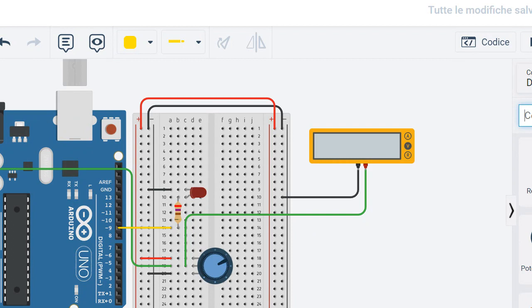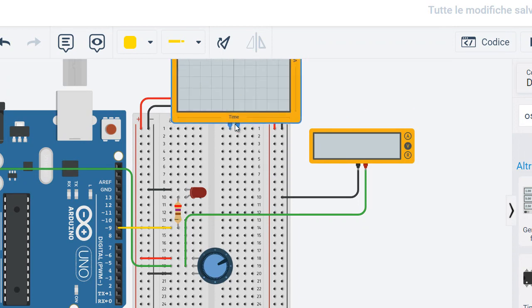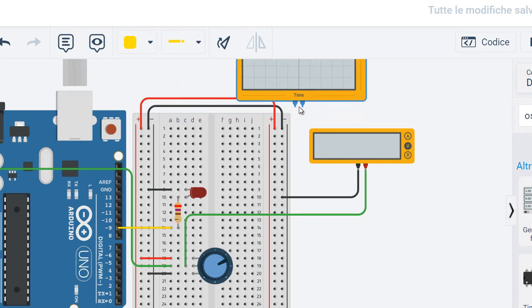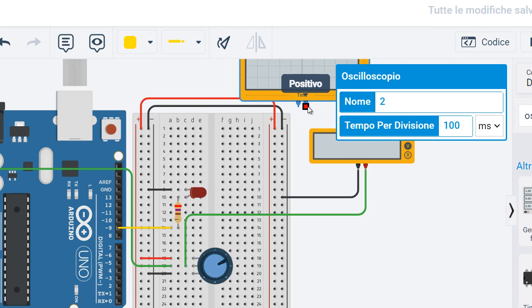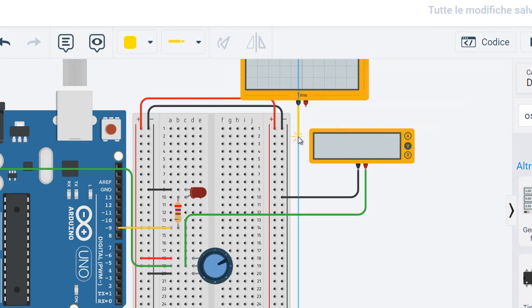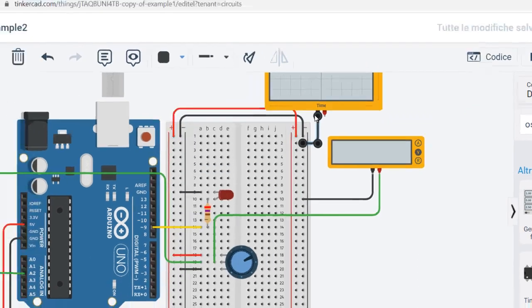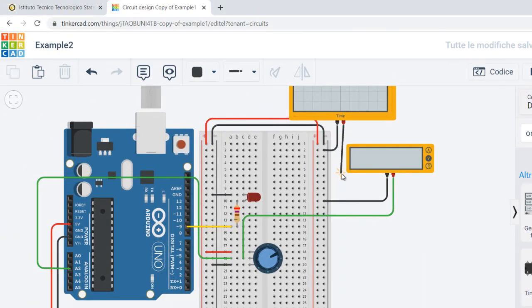characteristics, we can take an oscilloscope. This is a basic oscilloscope, and the oscilloscope has 2 terminals, positive and negative. Negative has to be put to ground, and positive can be connected to the PWM waveform to test it and to verify what we expect.